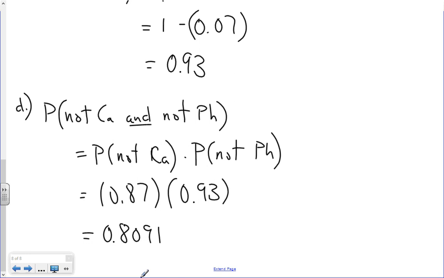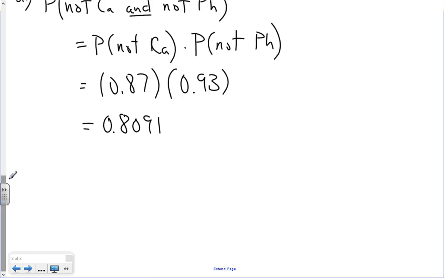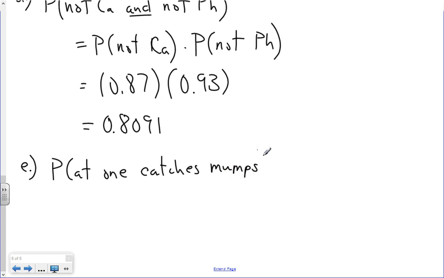All right, part E, last one here, says at least one of them catches the mumps. It's a probability of at least one catches the mumps. Think carefully about what that means.